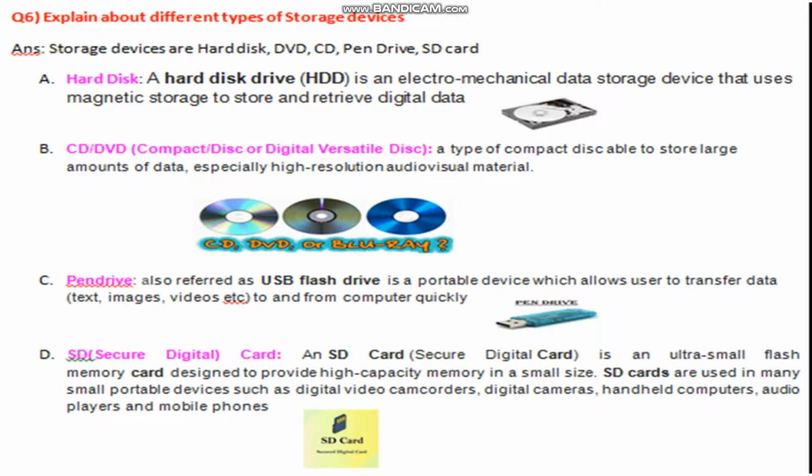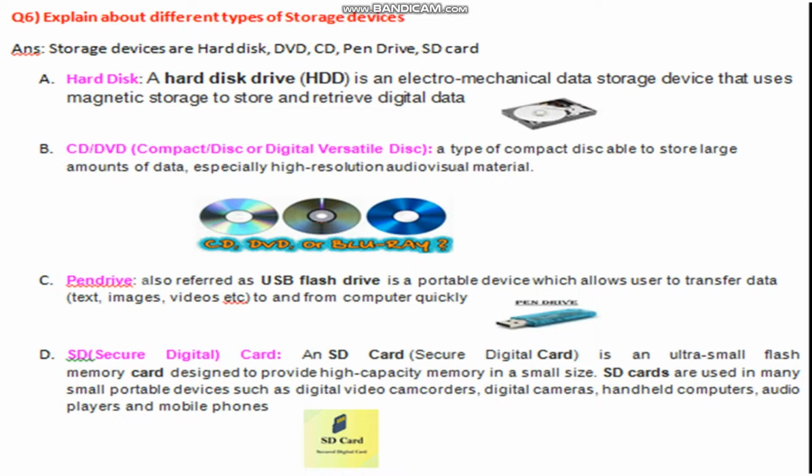The full form of CD is compact disc, and the full form of DVD is digital versatile disc, and nowadays we are using Blu-ray. A pen drive, also referred to as a USB flash drive, is a portable device, meaning we can take it from one place to another. Nowadays we use pen drives mostly to store and transfer data: text, images, videos like MP4, and songs, from one computer to another computer or mobile also.